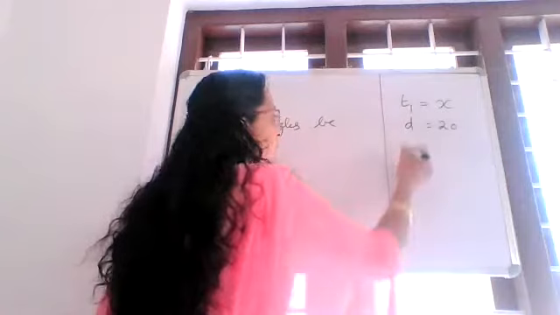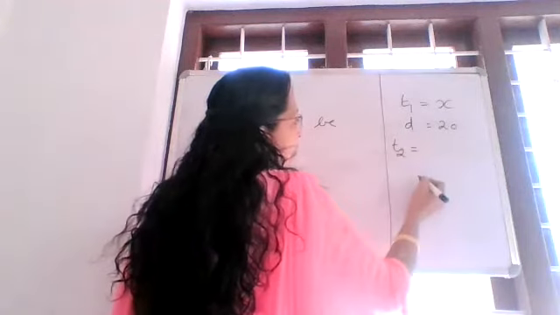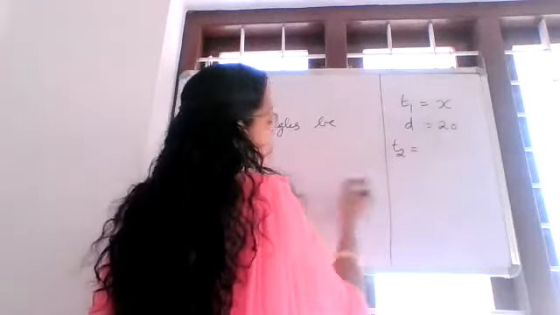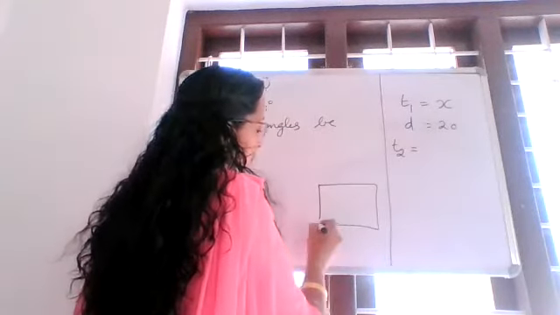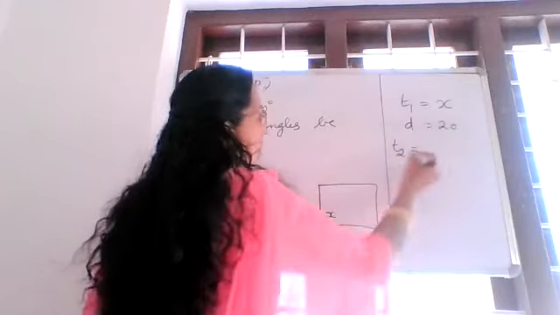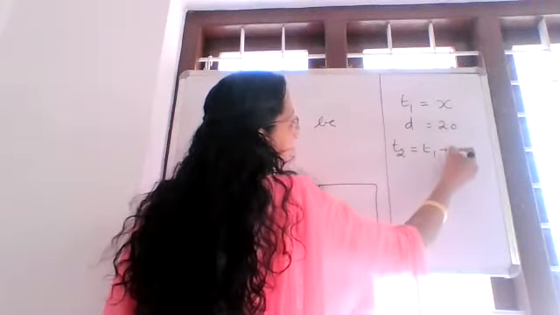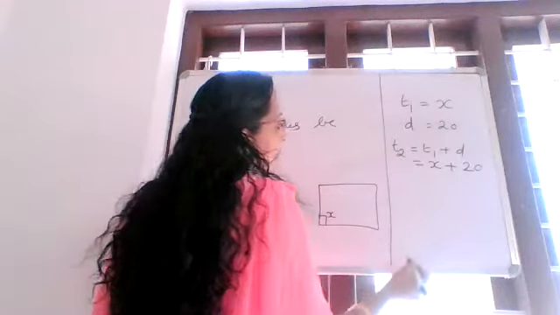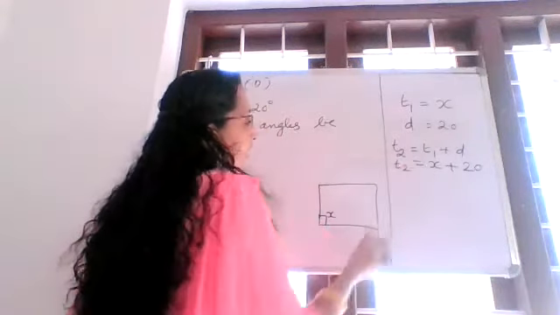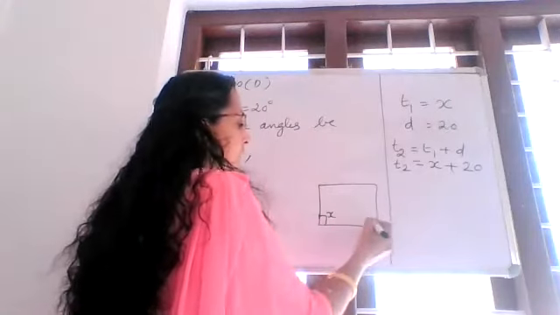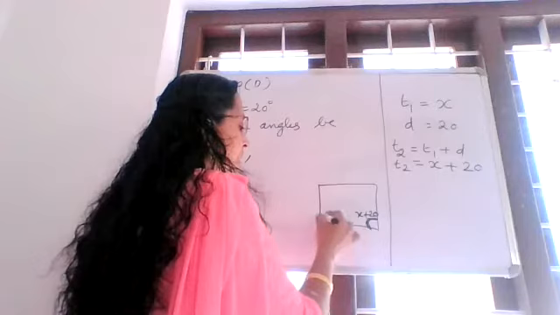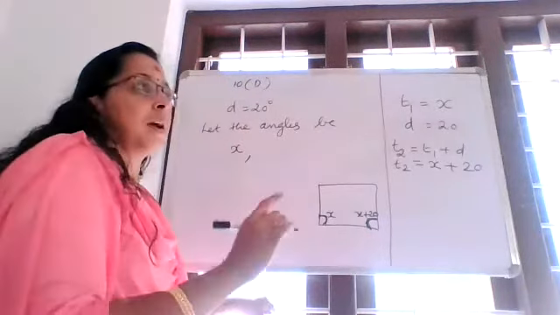Then what about T2? How can we find the second term? Second term is T1 plus d, that is x plus 20. So the second angle will be x plus 20.